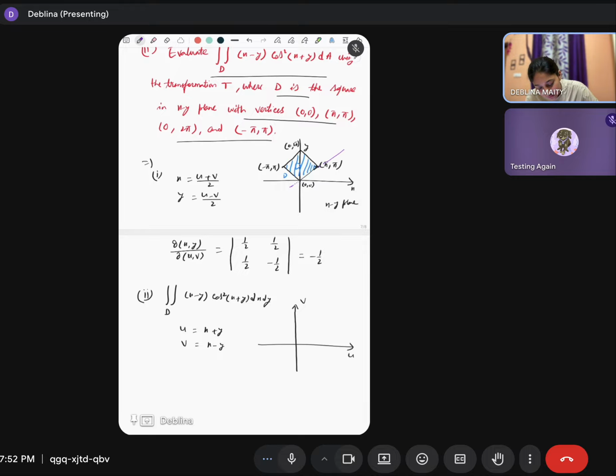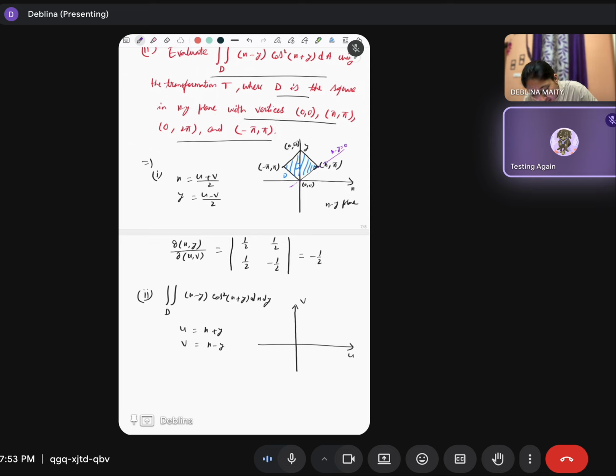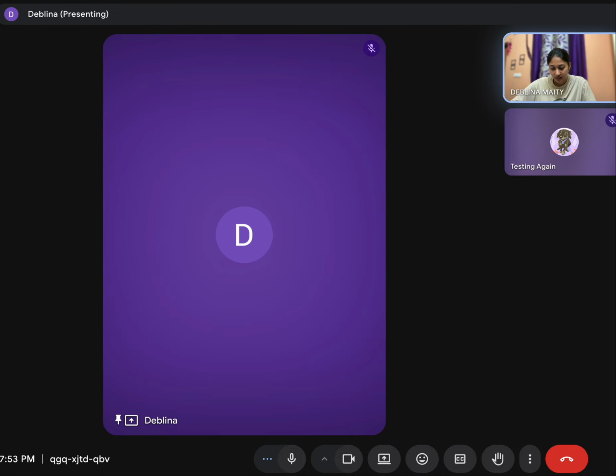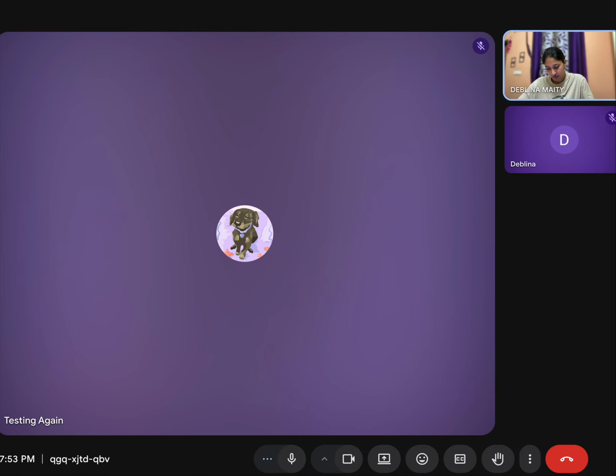The equation of this line is x minus y equals 0, and this line is x minus y equals minus 2 pi. And what about these two lines? Sorry for this disturbance.